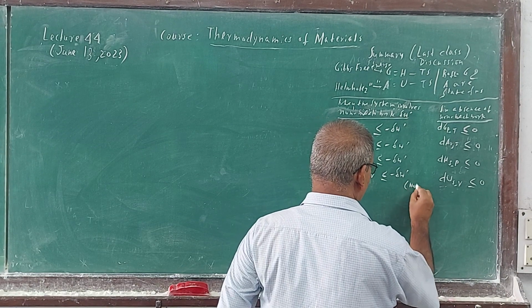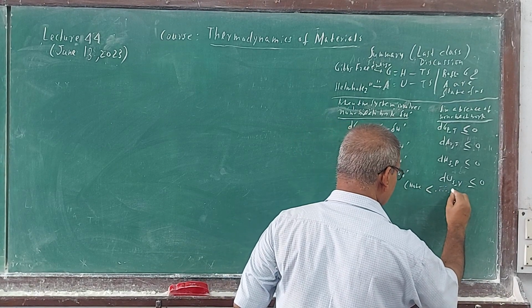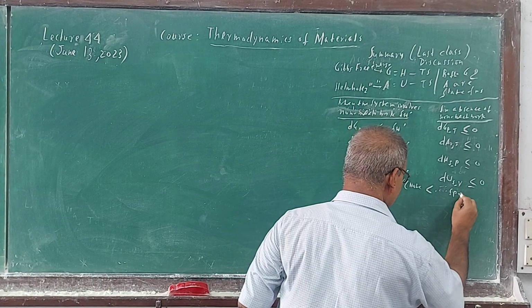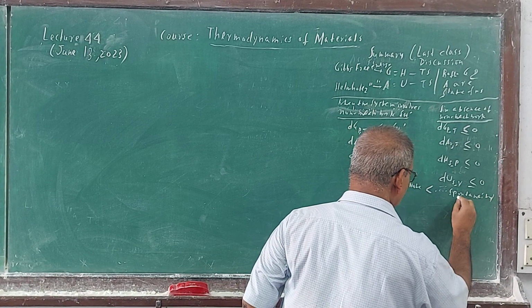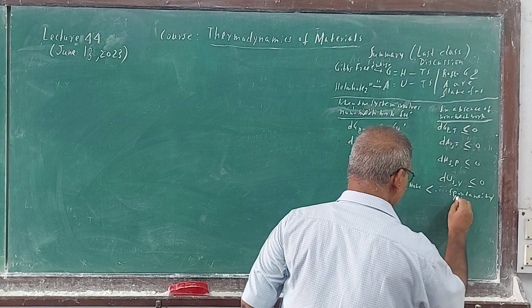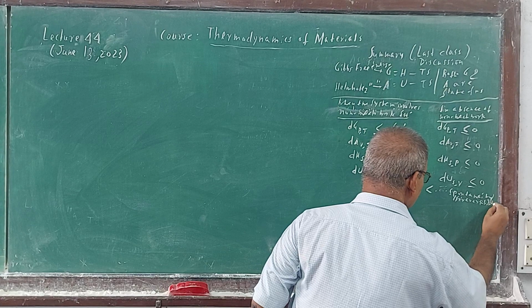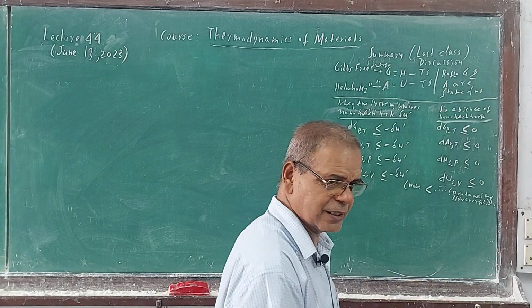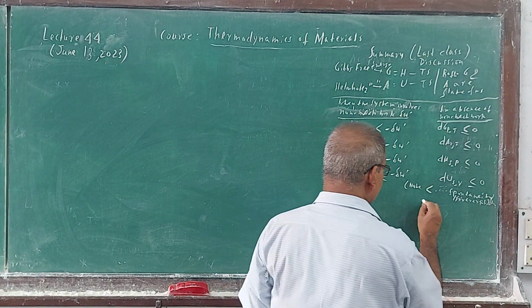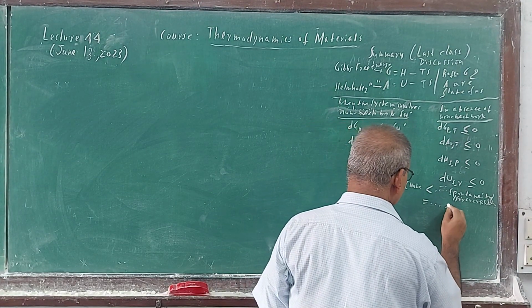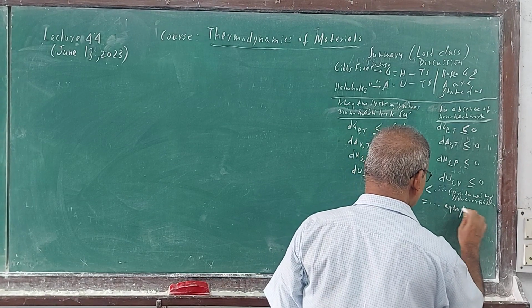Note: the less than sign reflects spontaneity, the spontaneous process, or irreversibility. The equal sign refers to equilibrium or reversibility.